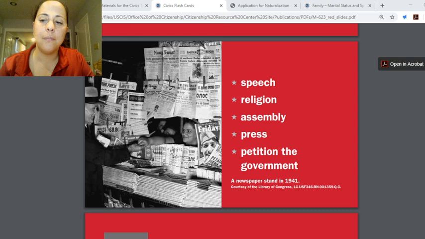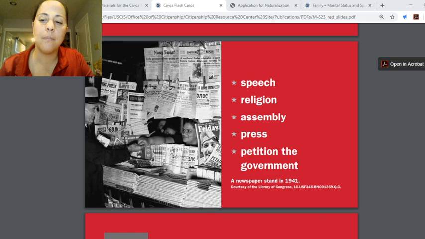The press is the newspaper, media, television, okay? We have the freedom to write or say what we want in newspaper and television from the media, okay? News on television, and freedom to petition the government.